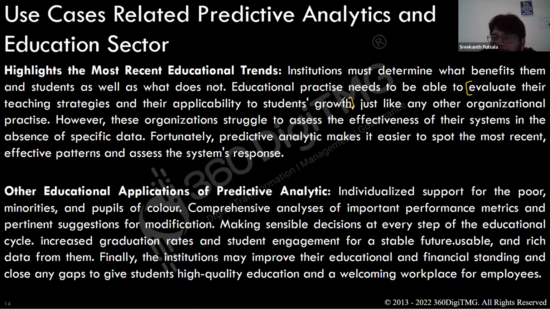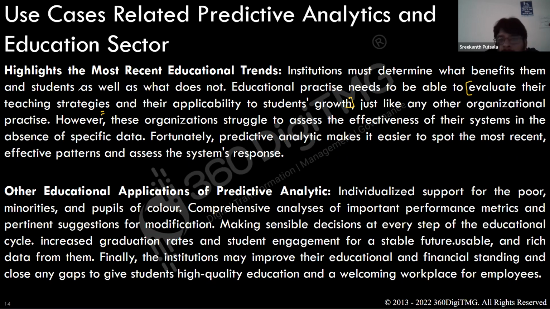Just like any other organizational practice, we have to evaluate the teaching strategies that we have. Are we going in a similar way? Maybe these methods should be changed, right? We have to analyze that. The analysis comes from the educational data, the previous data.